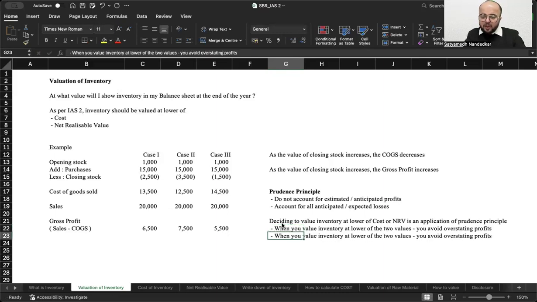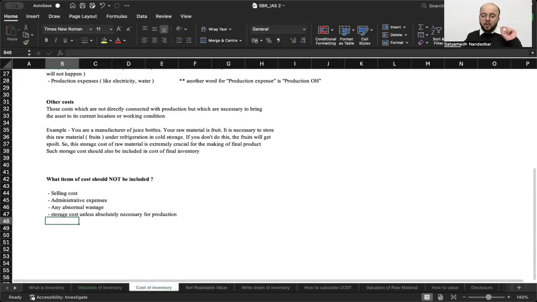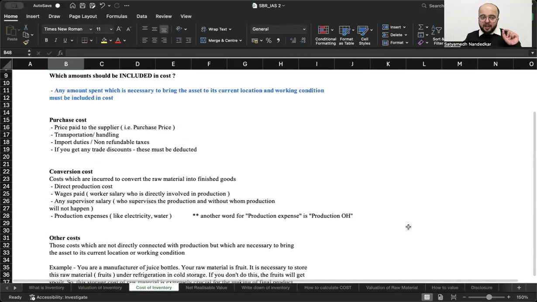And when you value inventory at lower of the two values, you avoid overstating assets also. So this is your basic principle for valuation of inventory, that inventory should be valued at lower of cost or net realizable value. Now, how exactly is the cost of inventory determined?